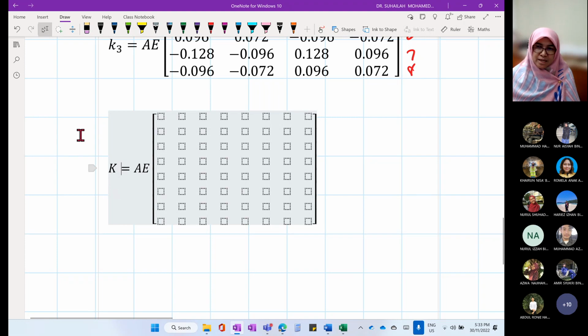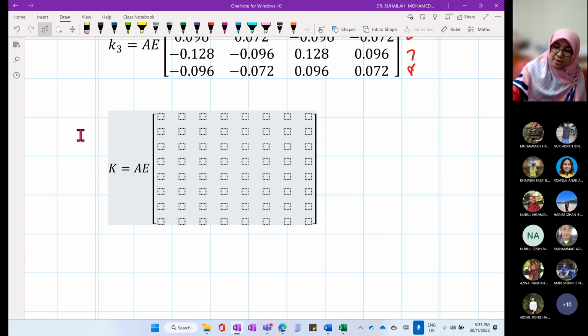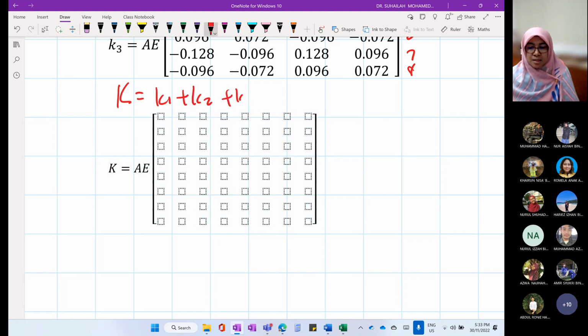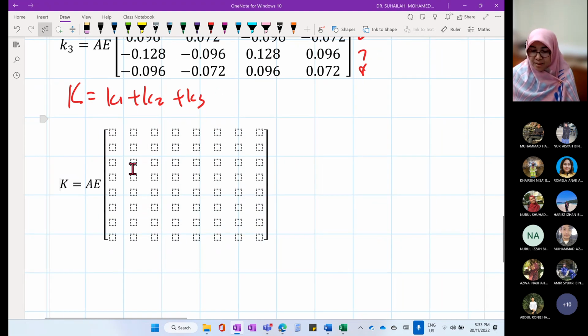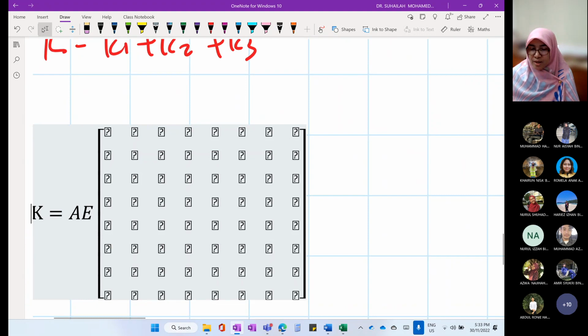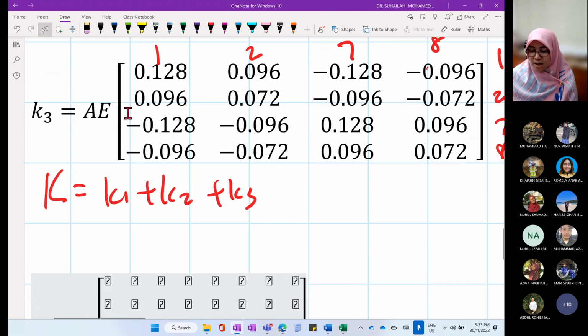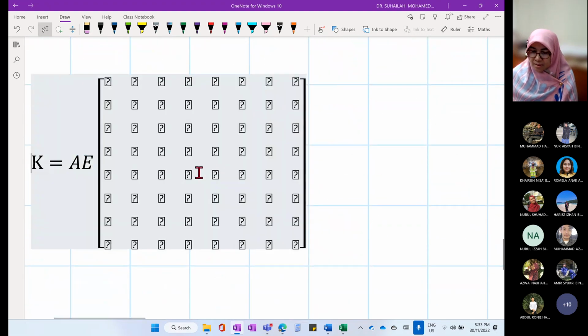It is the combination of K1 plus K2 plus K3, so K equals K1 plus K2 plus K3. If we have 4 elements, we have to add K4 as well. All the values inside are what we get from K1, K2 and K3.